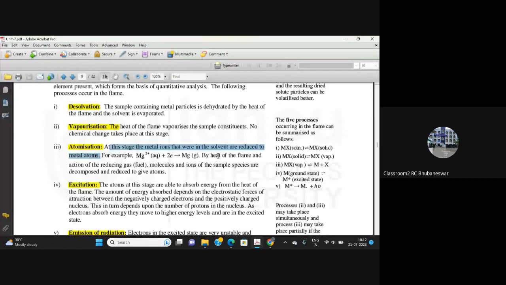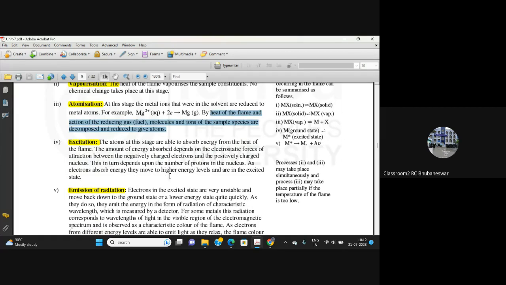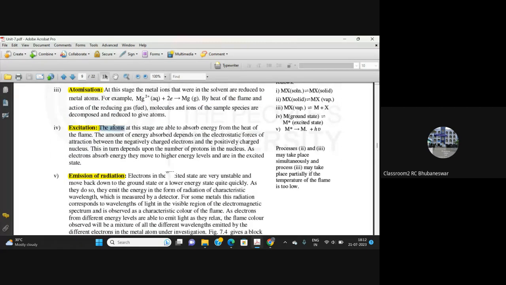By the heat of the flame and the action of reducing gas molecules, the ions of sample species are decomposed and reduced to give atoms. Then the atoms at this stage are able to absorb energy from the heat of the flame. Then excitation of the atoms takes place.